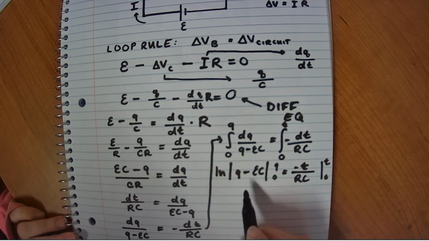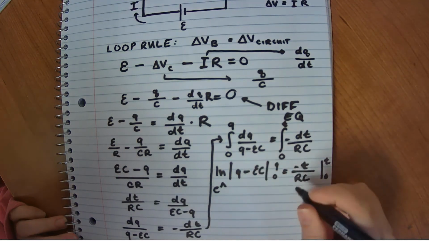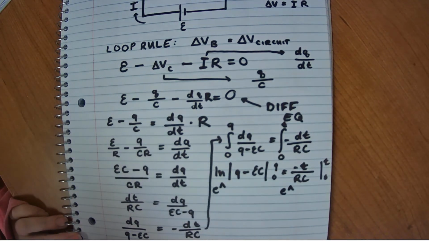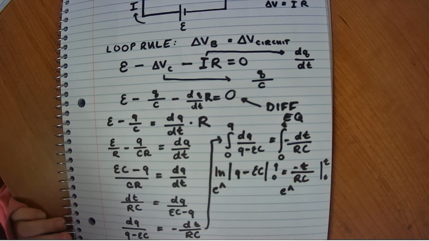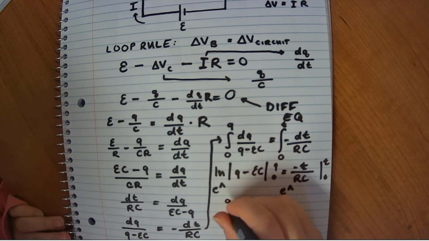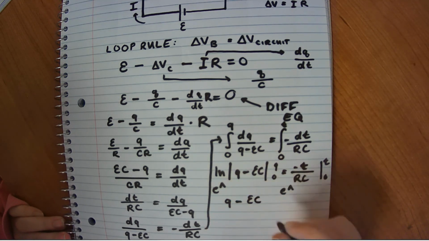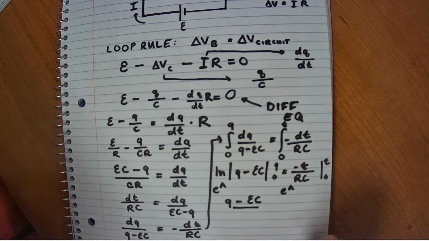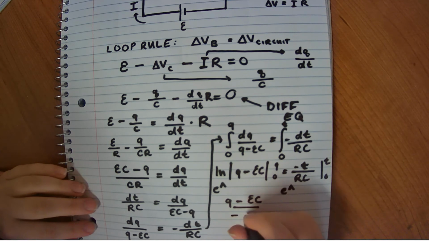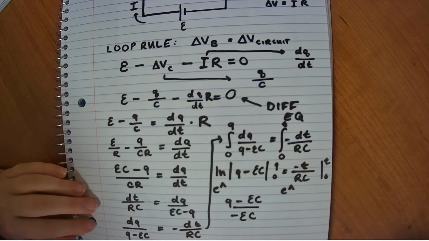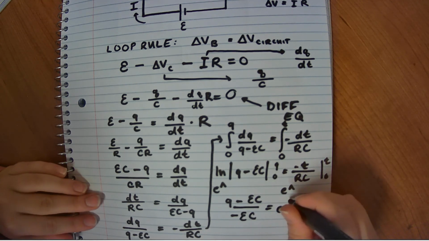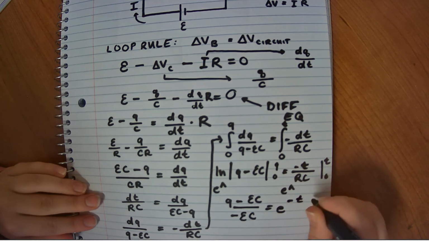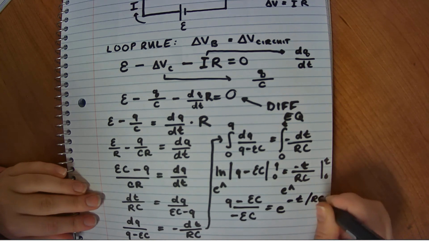And so how do we solve for a natural log? We can raise e to each side of the equation. So then we get q minus EMF C over negative EMF C is equal to e to the negative t over RC.